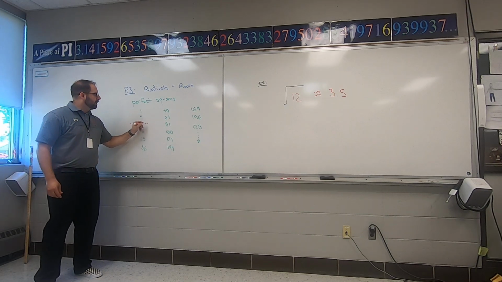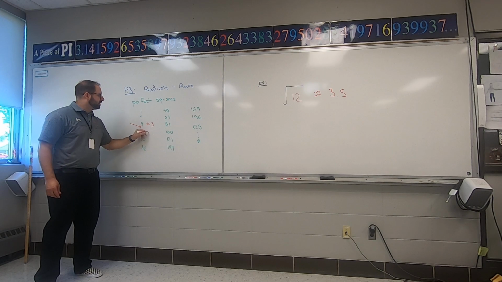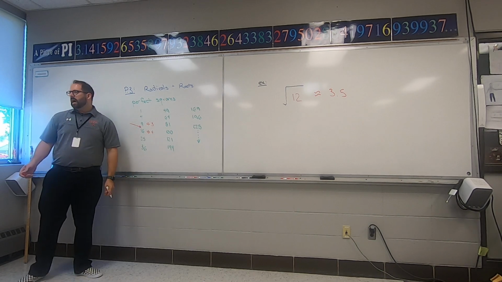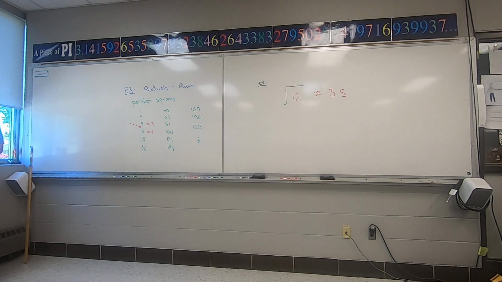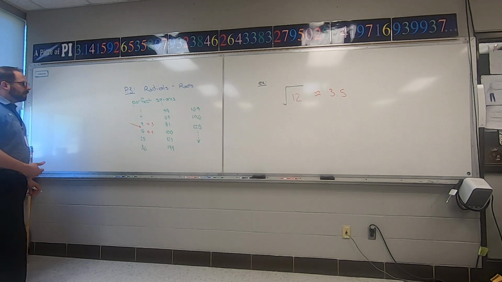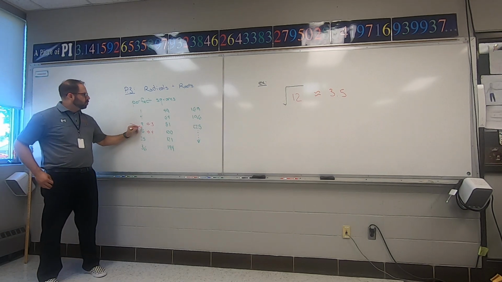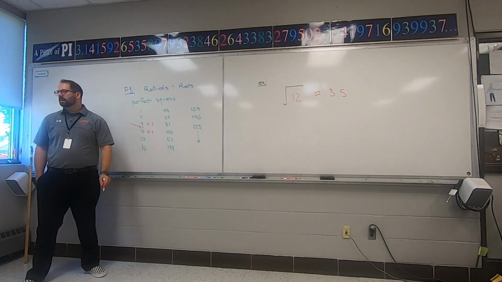The answer for 9 would be 3, like you said, and the answer for 16 would be 4, and I like the logic. It's somewhere in between. And that's exactly how you estimate radicals. You figure out, okay, where does it sit between? And that's the decimal roughly where it's gonna be. You know, for me, 12 is closer to 9.